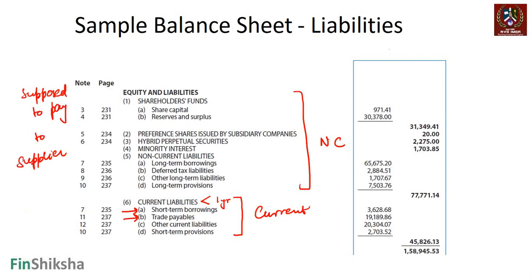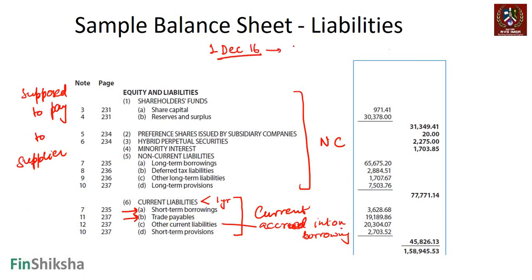Other current liabilities, an example of this could be accrued interest on borrowings. So I have taken a loan of 1,000 crore. I'm supposed to pay the interest in the next 2 months, but at this point of time, it has not come due, right? So let's say I took a loan on 1st of December of the year 2016, and I have to pay the interest 6 monthly.